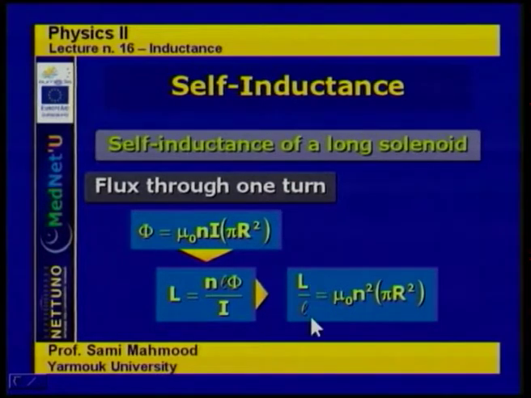And this L divided by cursive L, this quantity, the self-inductance per unit length, is equal to, we now substitute for the value of phi from the above equation, mu naught times n square times the area of the winding, or the cross-sectional area of the solenoid, pi times capital R square.